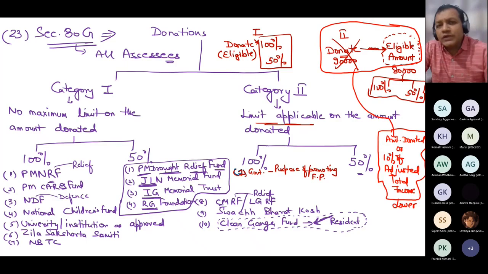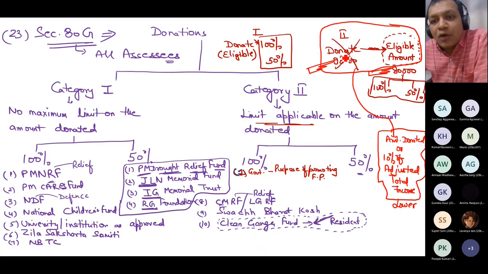You compare this donated amount with 10% of adjusted total income. How do we compute adjusted total income? You ignore it for the time being. Compare the amount donated with 10% of adjusted total income, and whichever is lower is eligible. So in my example, if amount donated is 90,000 and my 10% of adjusted total income is 80,000, then how much is eligible? 90 or 80? 80 becomes eligible.